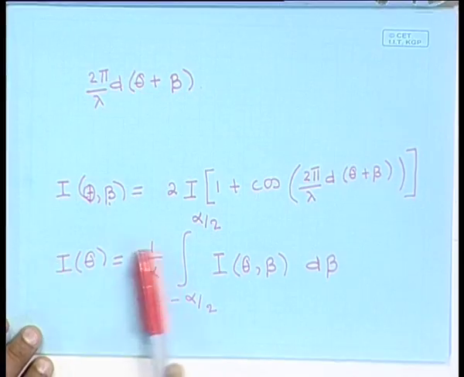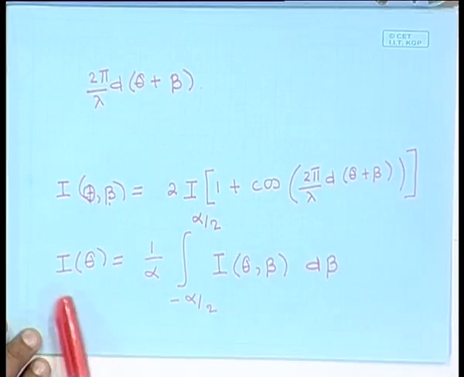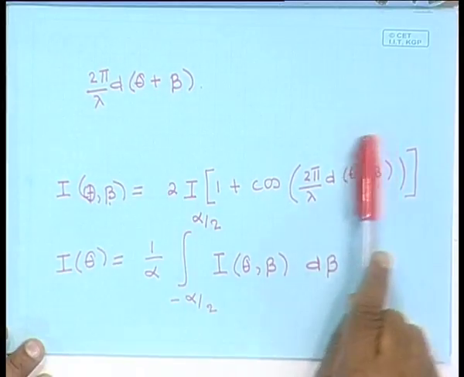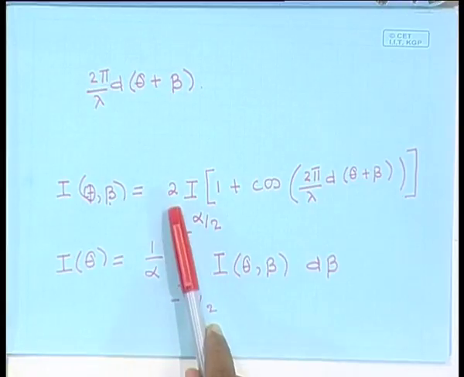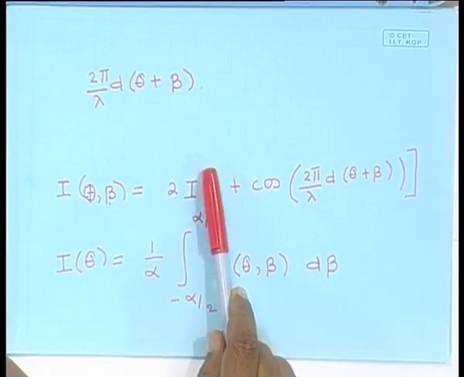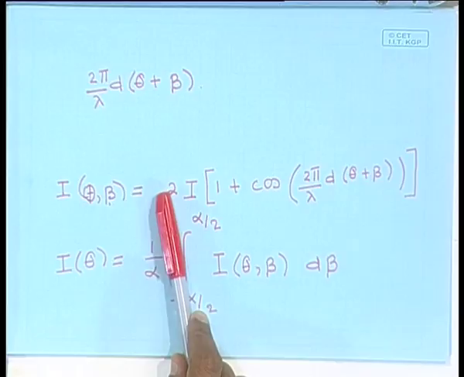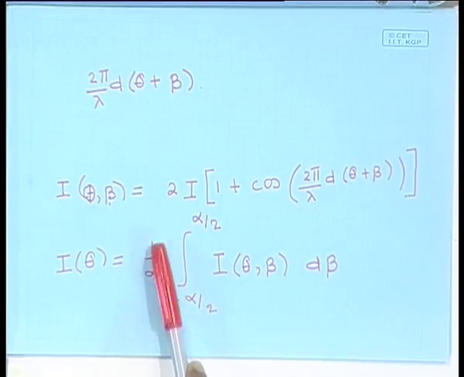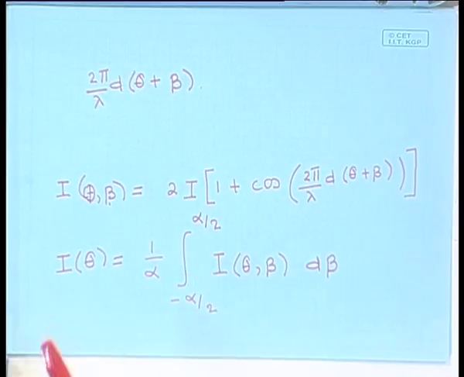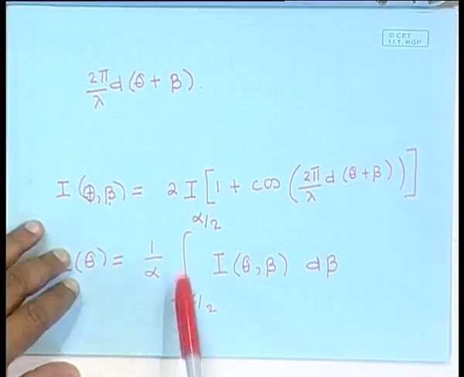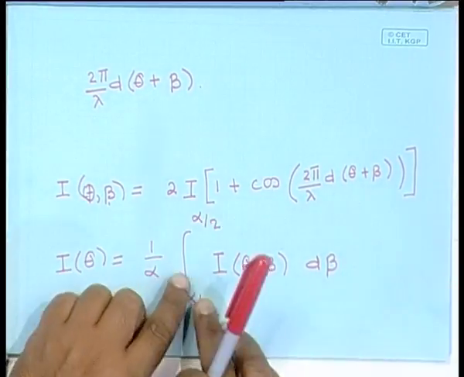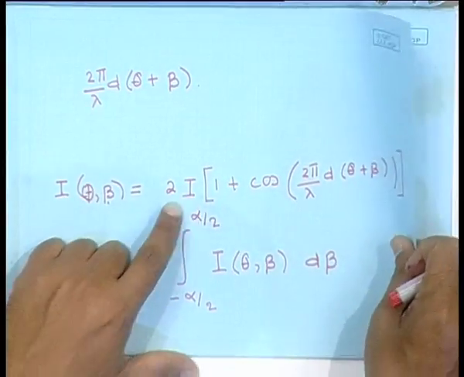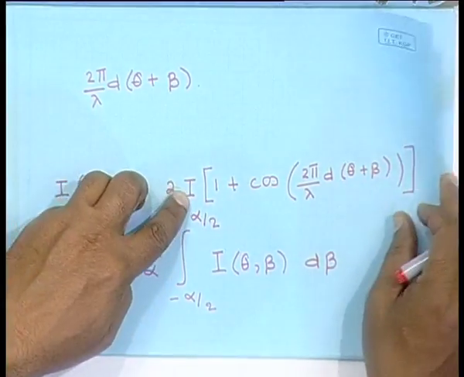So, we have to do this very simple integral over here. Let me do this integral. When I integrate this constant term, it gives me the same factor of 2I, that is why I have divided by alpha, so as to make things easy. The constant term gives me a factor which is just the same thing itself, 2I.